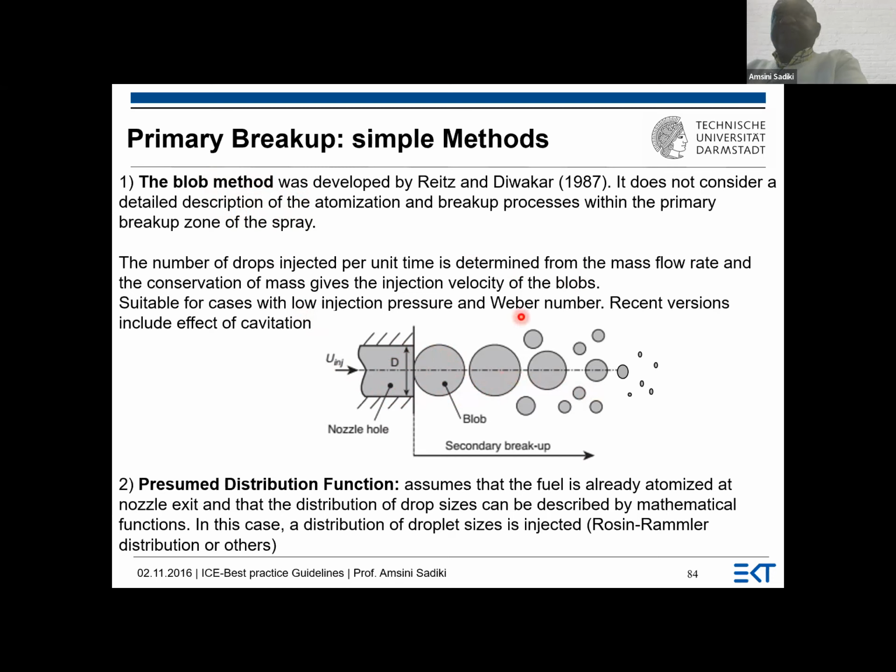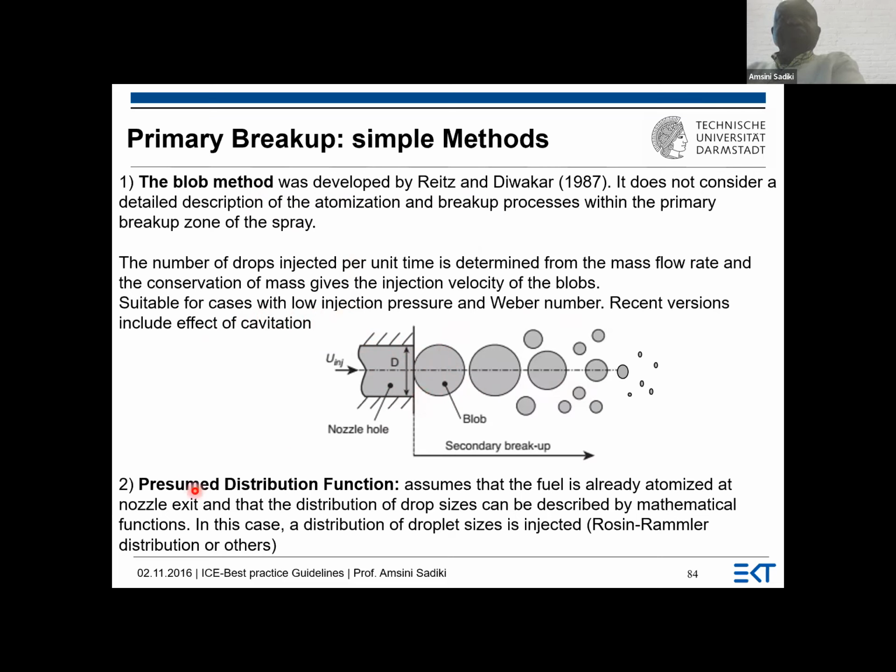Recent versions also include the effect of cavitation, as we spoke about yesterday, if within the droplets some cavitation is present. This blob model was developed by Reitz and Diwakar. It doesn't consider a detailed description of the atomization breakup within the primary breakup zone, but assumes only this blob, the parent.